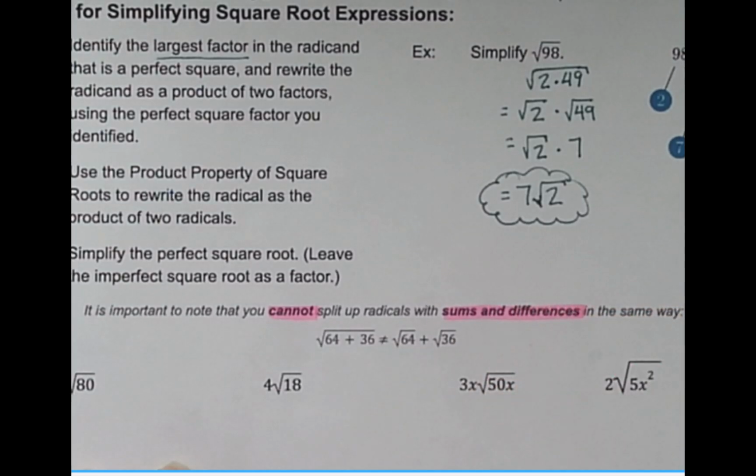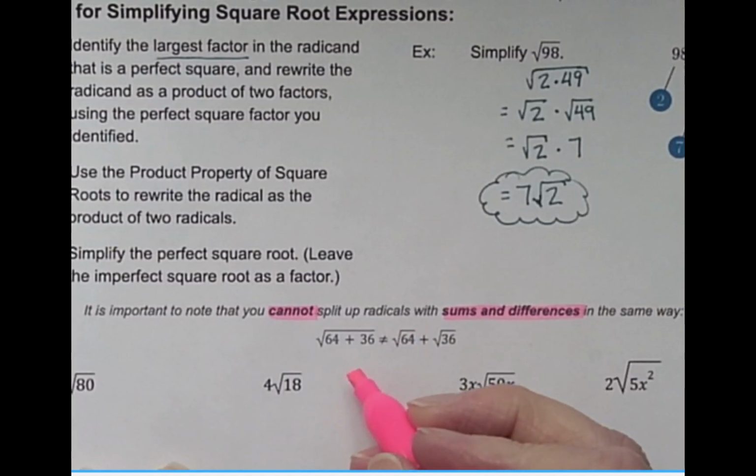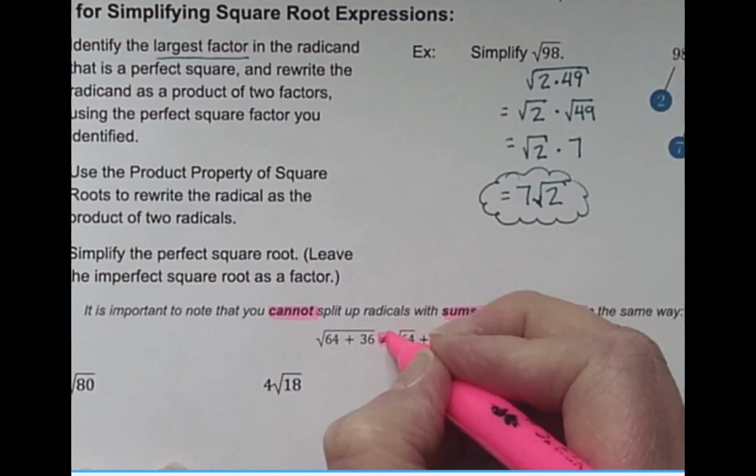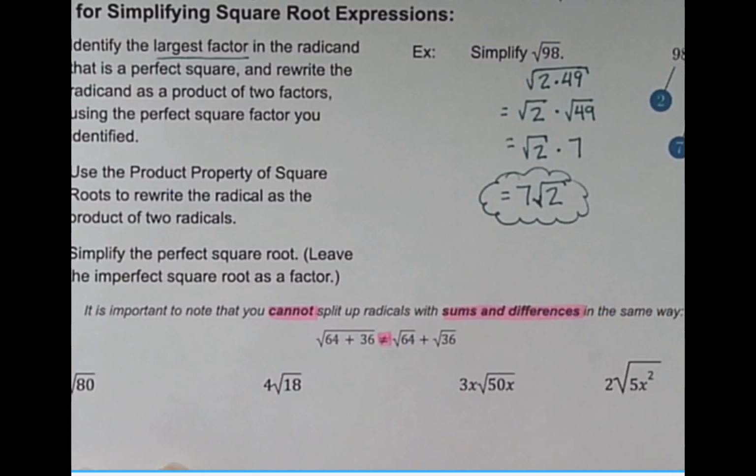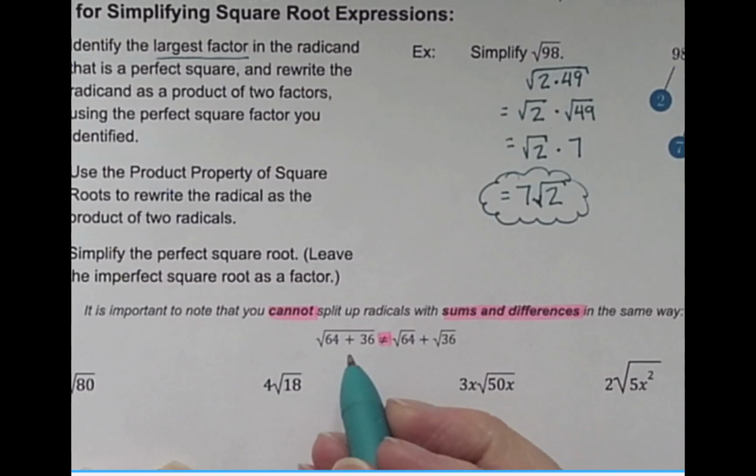We have a product property of square roots, but we don't have one for sums and differences. So this will not work. The square root of 64 plus 36 is not the same as the square root of 64 plus the square root of 36. I think just a little quick math will show you that that is absolutely true.